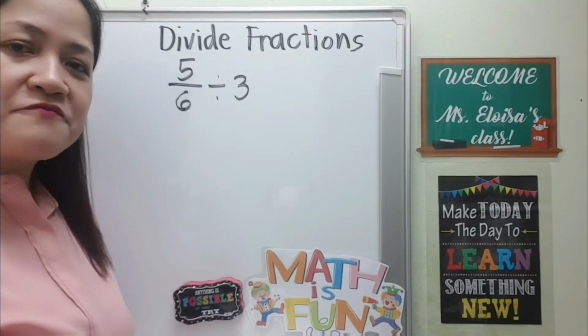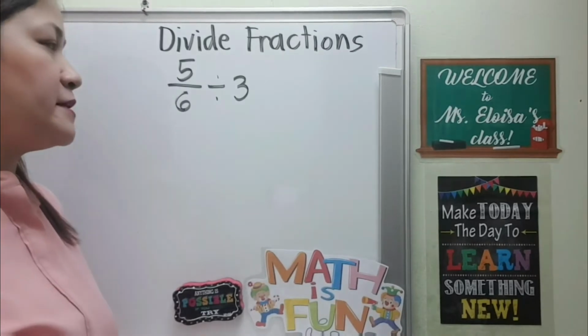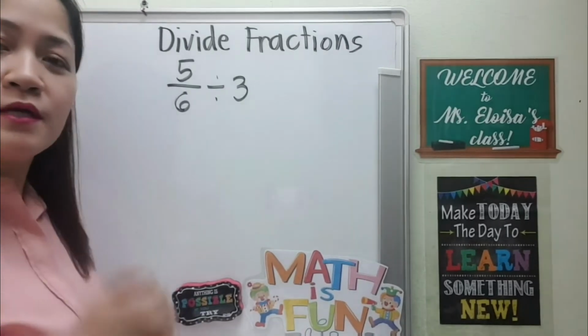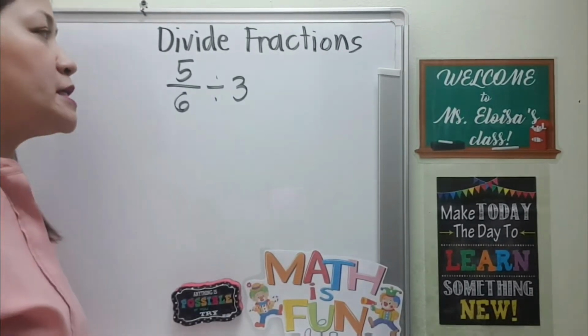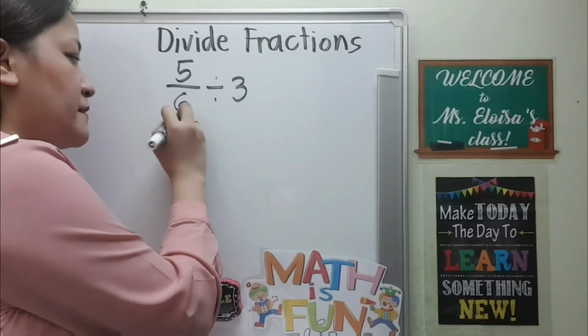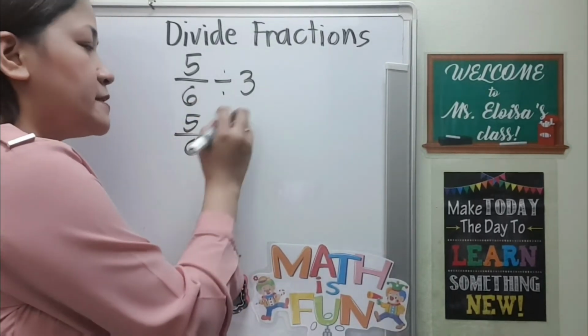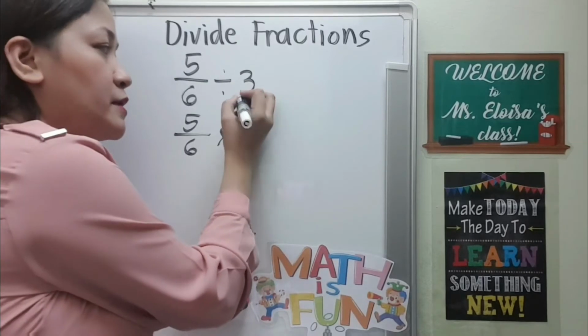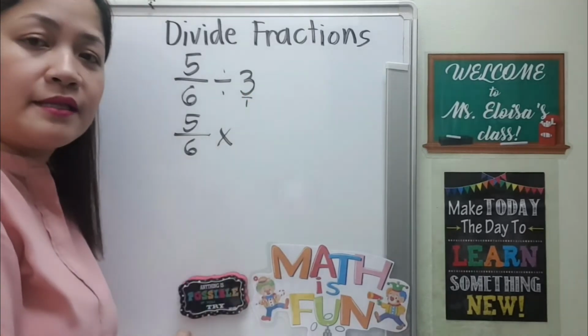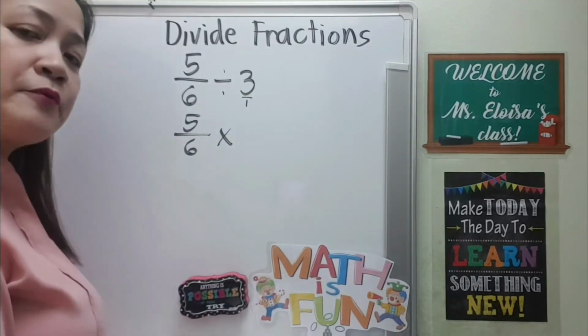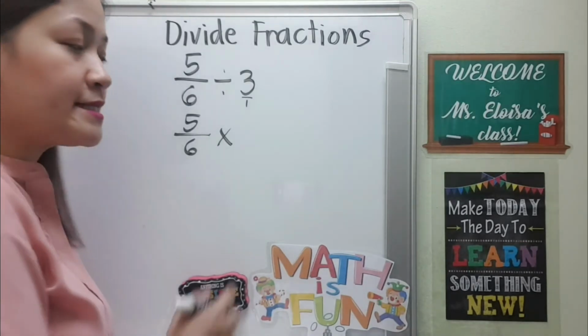Let us have 5/6 divided by 3. So we will be using reciprocals in our next examples. So that will be 5/6 times, and 3 here is a whole number, so that means it's 3 over 1, right? So the reciprocal of 3 over 1 is 1/3.